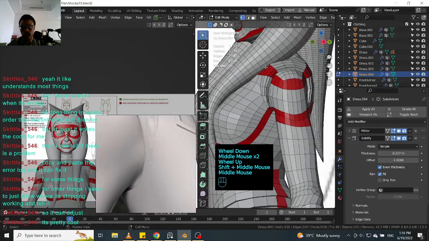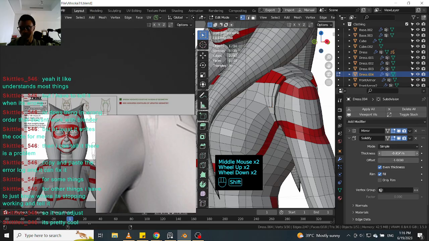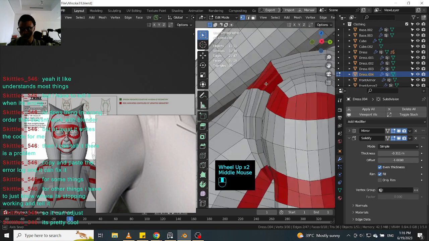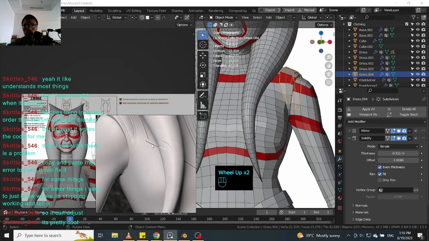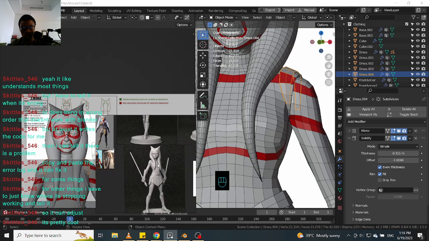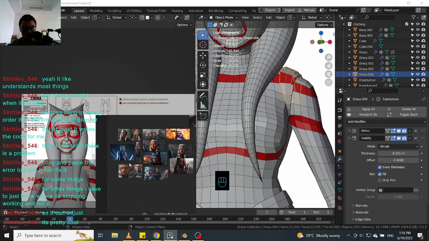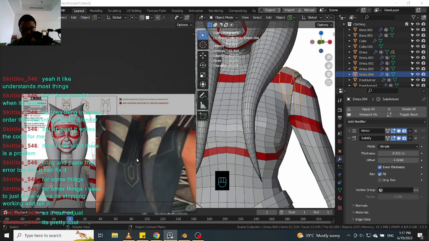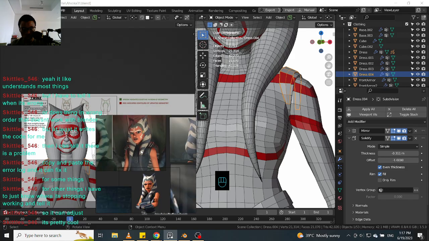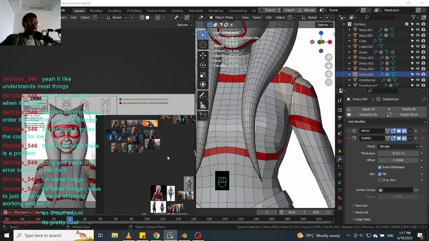Alright. I'm gonna increase this a little bit. I need a better reference for this because I don't know how it looks on the backside.